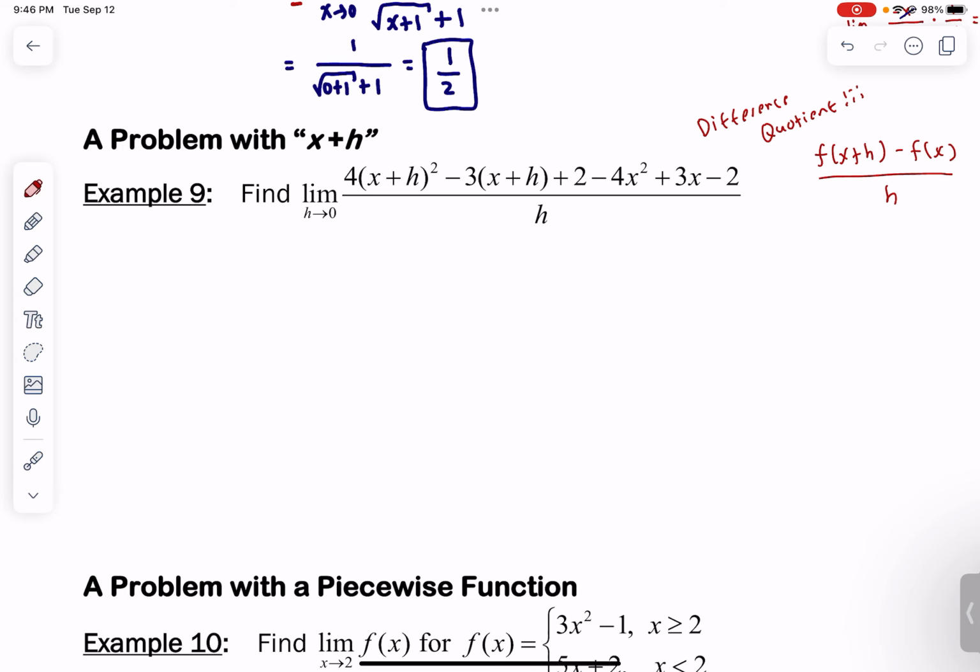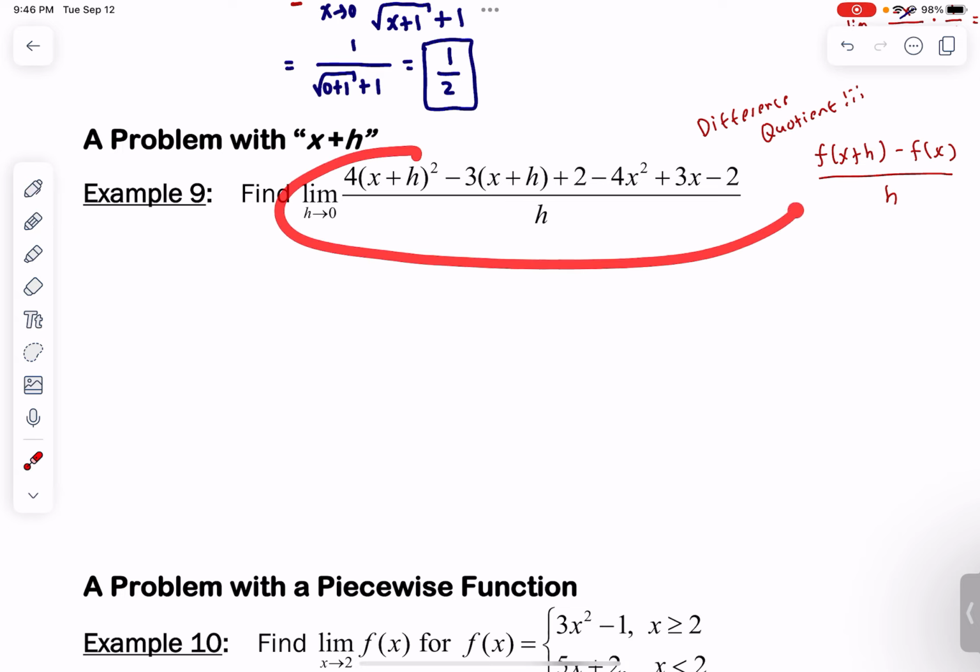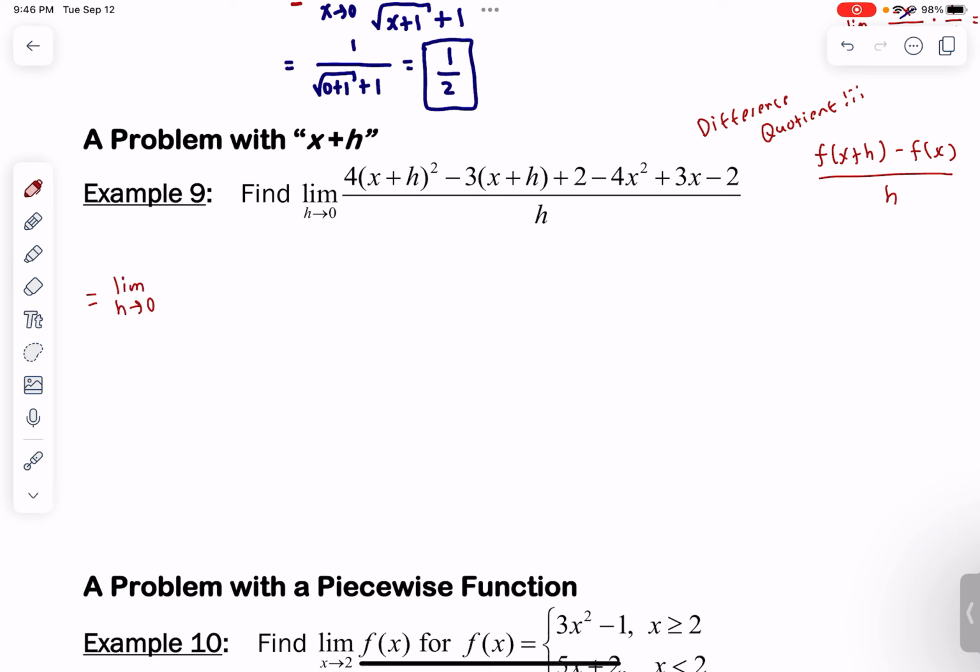So this right here is going to be equal to the limit as h approaches 0 of 4 times, you can use Pascal's triangle here if you want, you should get x squared plus 2xh plus h squared.